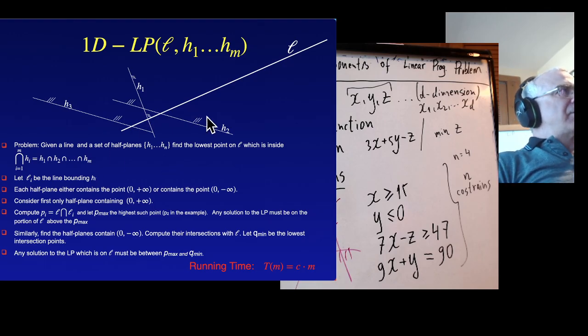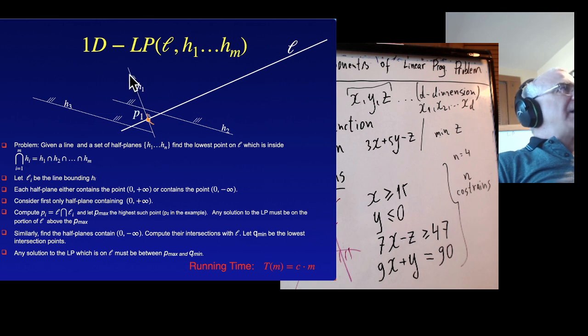So now I'm only considering the half planes pointing upward, and I'll compute for every such half plane Hi, Li, remember, is a line that bounds it, and Li intersected with L is just a point.